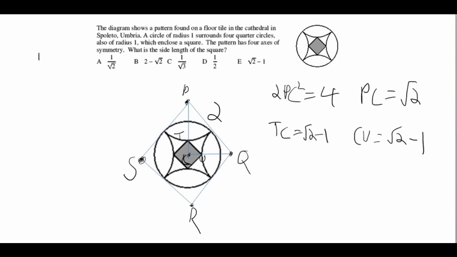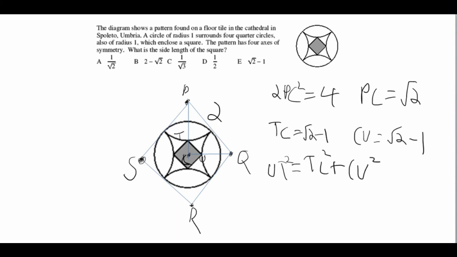And now what we can do is use Pythagoras' theorem again, because obviously the triangle CTU is right angled, and the lengths CT and CU are just in fact half of the diagonals of the square. So we can say that UT, which is one side of the square, UT squared is equal to TC squared plus CU squared.